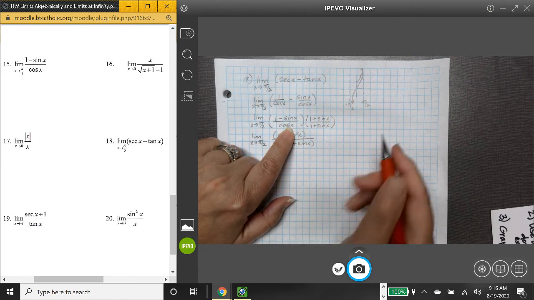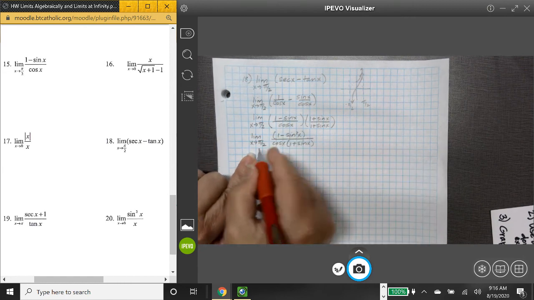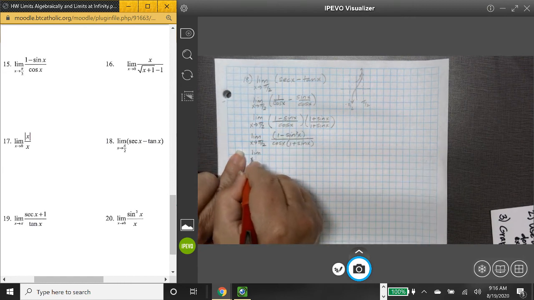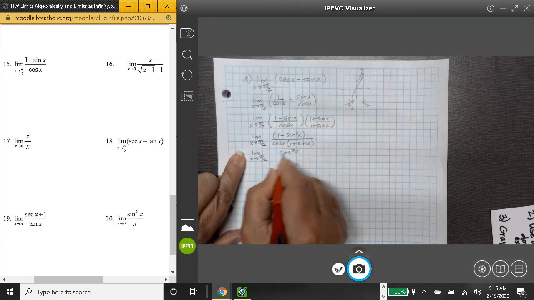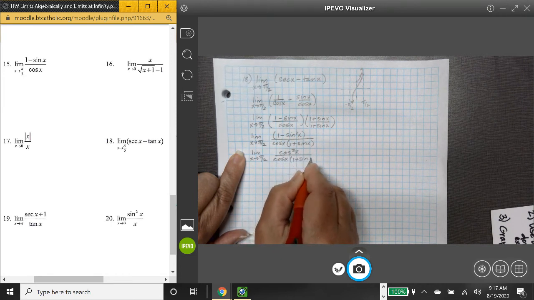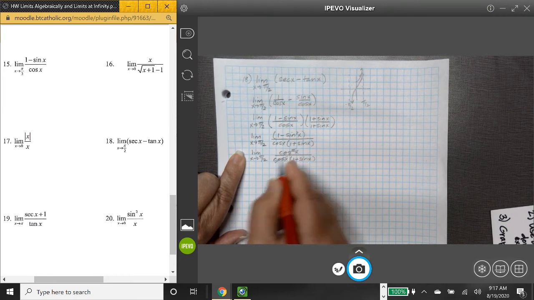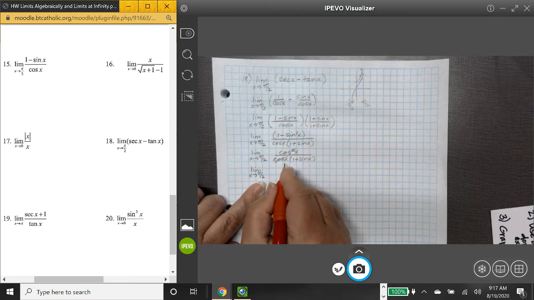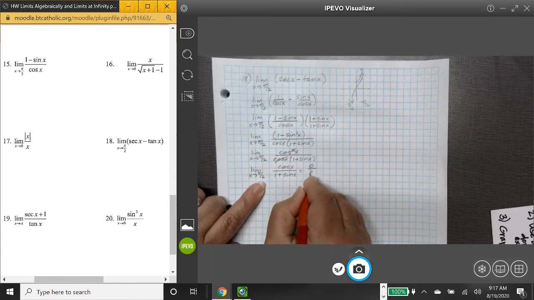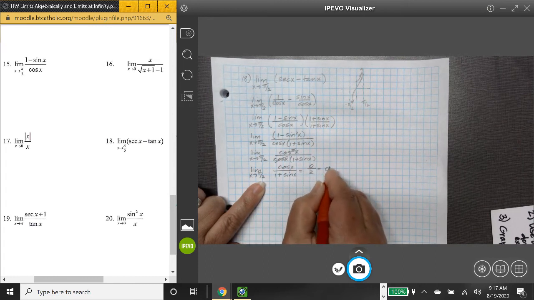Then we changed 1 minus sine squared x to cosine squared x, eliminating one of the cosines in the numerator and totally eliminating it in the denominator. Then we get cosine x over 1 plus sine x, and now we can plug in, and we get 0 over 2, which is just 0.